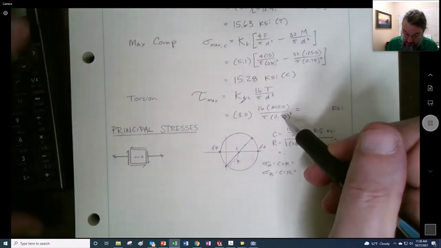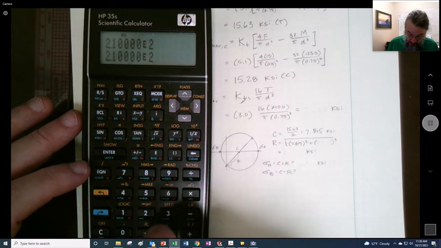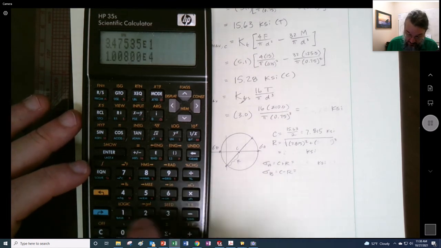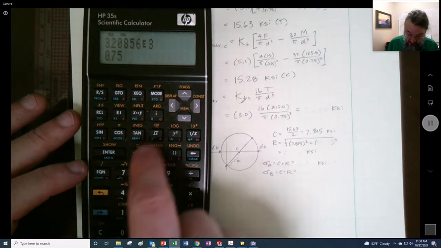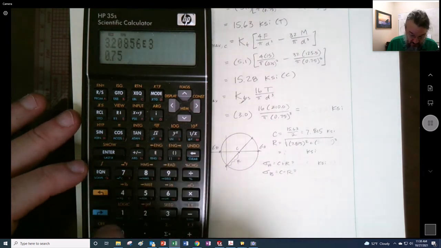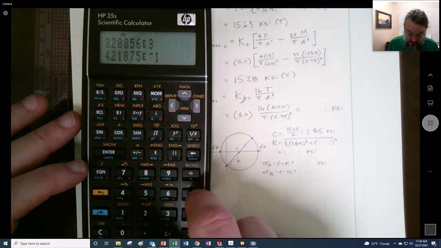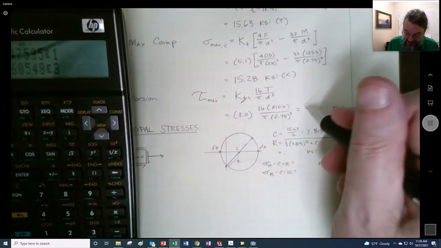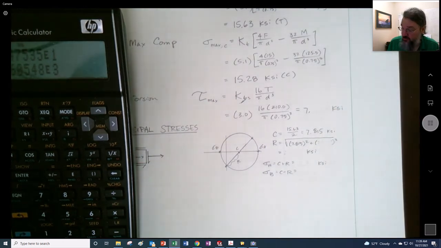Let me double check what this one is right here. 210, 16 times 3 times pi divided by 0.75. Oh, nuts. Let me get rid of that. I need to enter 3, raise it to there, and then divide. I get 7. Yes, that's the correct 7 point.